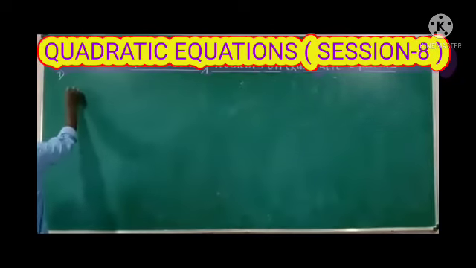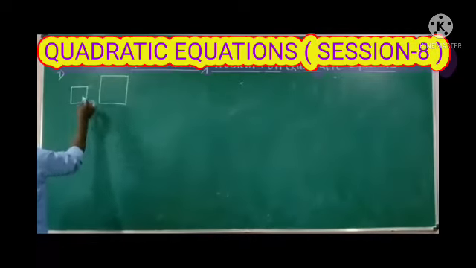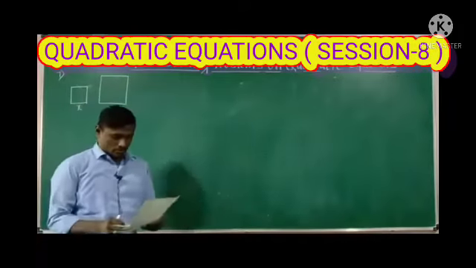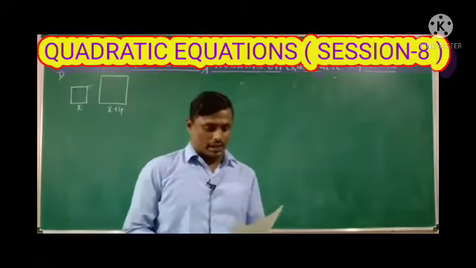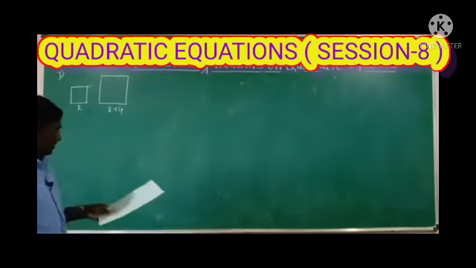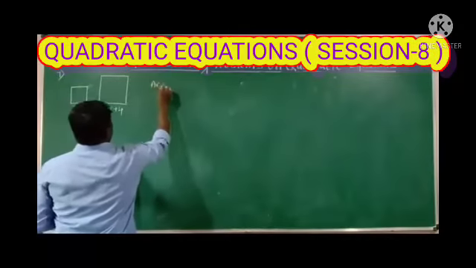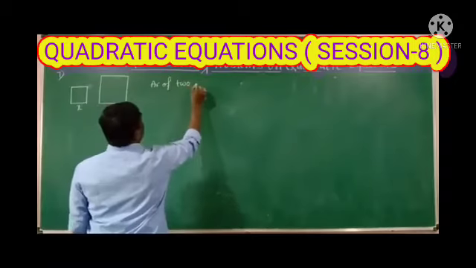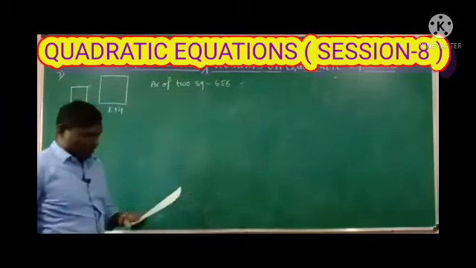Here I am taking two squares. The sides of the two squares are: the side of the first square is x and the side of the second square is x plus 4. Okay, the sum of the areas of the two squares, area is already given, is 656.